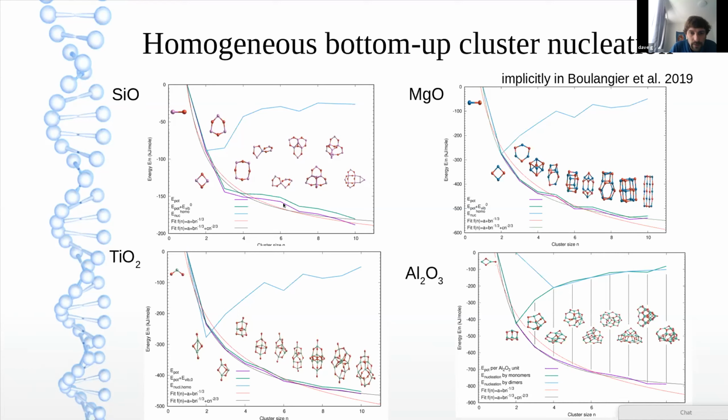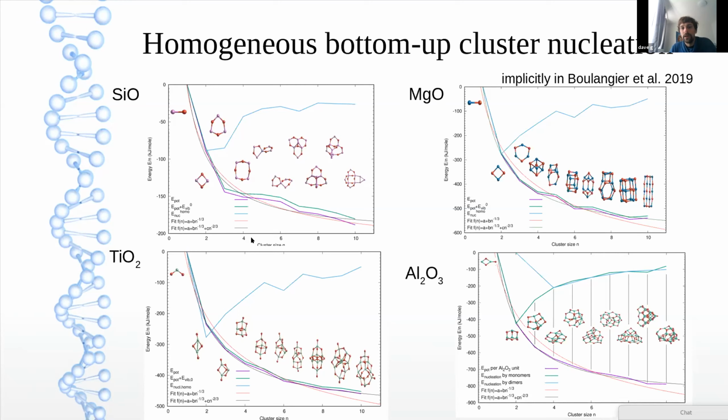You might say, well, this is not a lot. Maybe, for example, 20, 30 kilojoules per mole. I remind you, however, that this is a normalized cluster energy, normalized to the cluster size n, which means you have to multiply this value by 6. So 20, 30 kilojoules per mole would already rise to 150 or 180 kilojoules per mole, which is quite considerable.